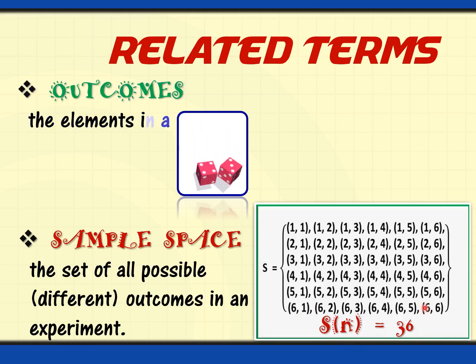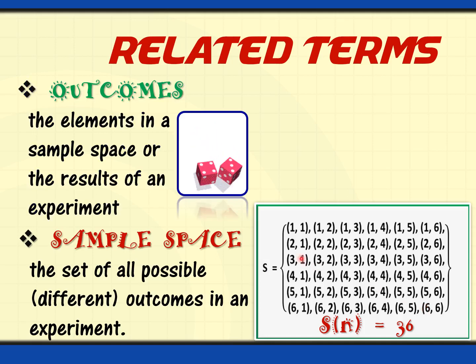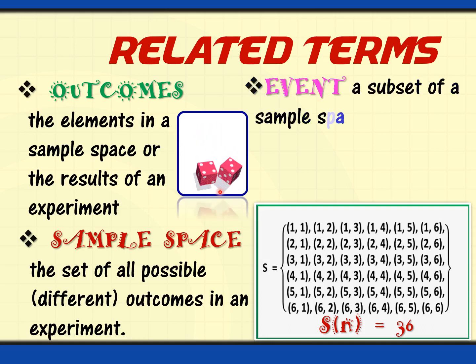Now, another word is the word outcome. In rolling 2 dice, the outcome in the experiment is 4 and 3. So this is the outcome, 4 and 3. Now, on the other hand, when we say event, this is a subset of a sample space. When we say subset, that is just part of the sample space. And you can see those subsets in that event here.